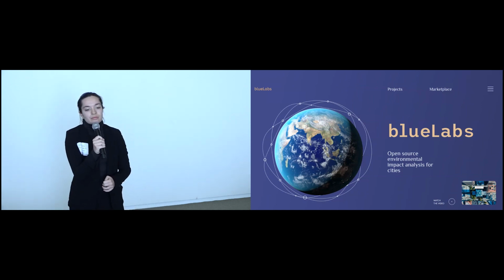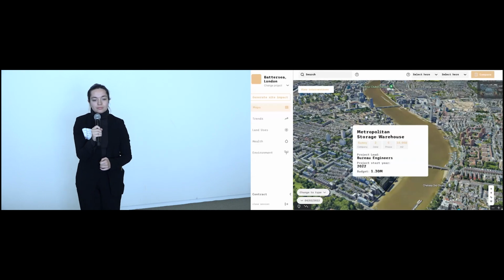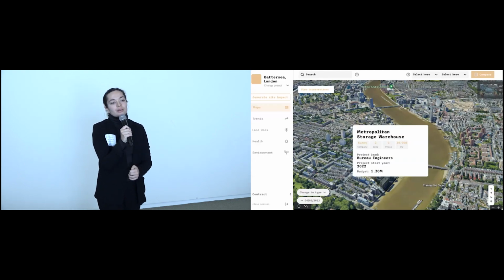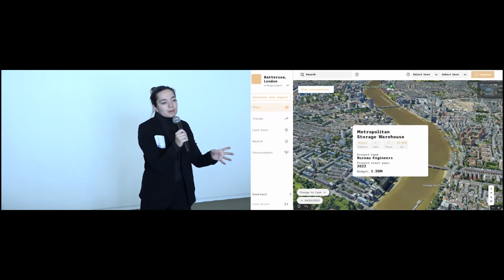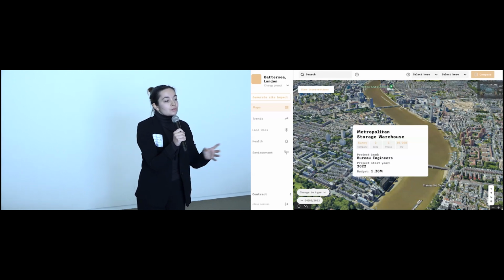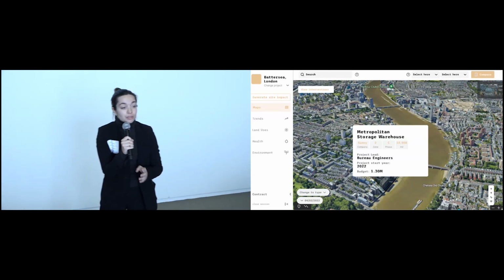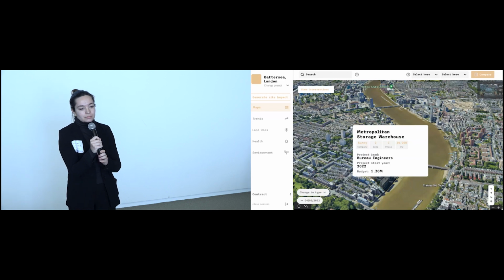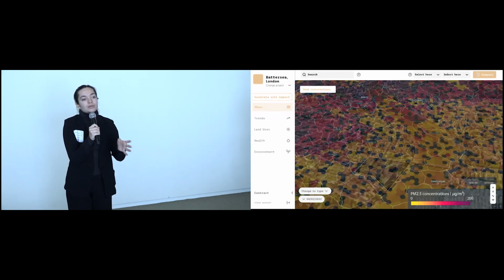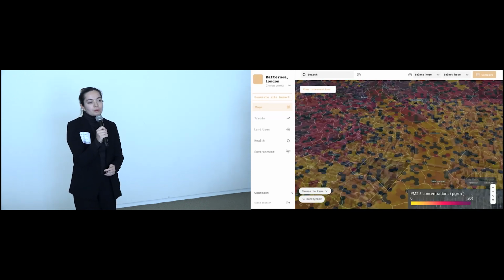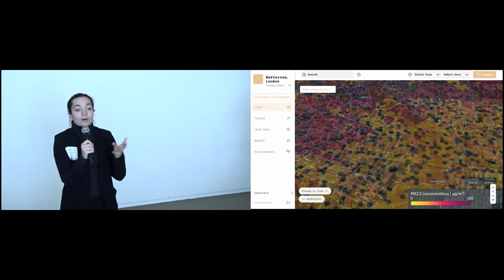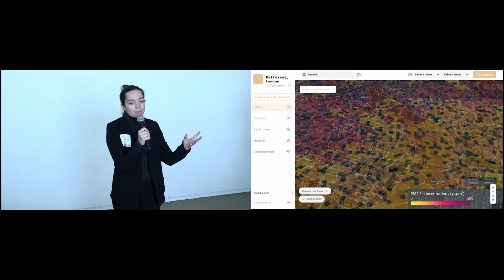And here's the tool that we've built. So imagine that you're an investor who wants to manage the environmental risk of their portfolio and also adhere to local pollution regulations. You can evaluate the impact of your real estate on the pollution levels in the environment.